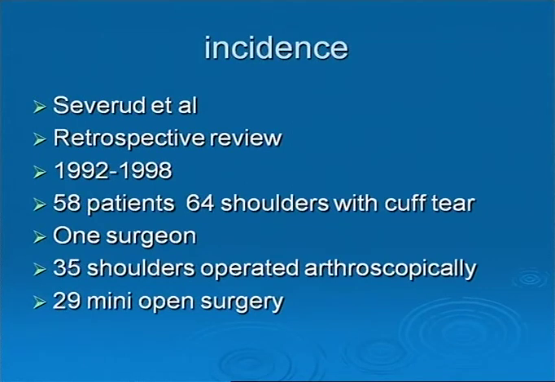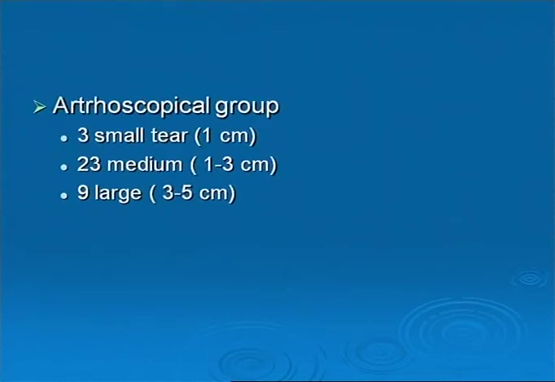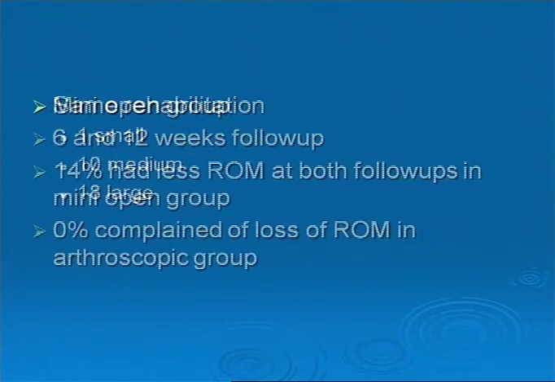In one study, a retrospective review of 58 patients, 64 shoulders with cuff tears, all were operated on by one surgeon, both arthroscopically and with mini-open surgery. They divided the tears into three groups: small, less than 1 centimeter, medium, 1 to 3 centimeters, and large, 3 to 5 centimeters.